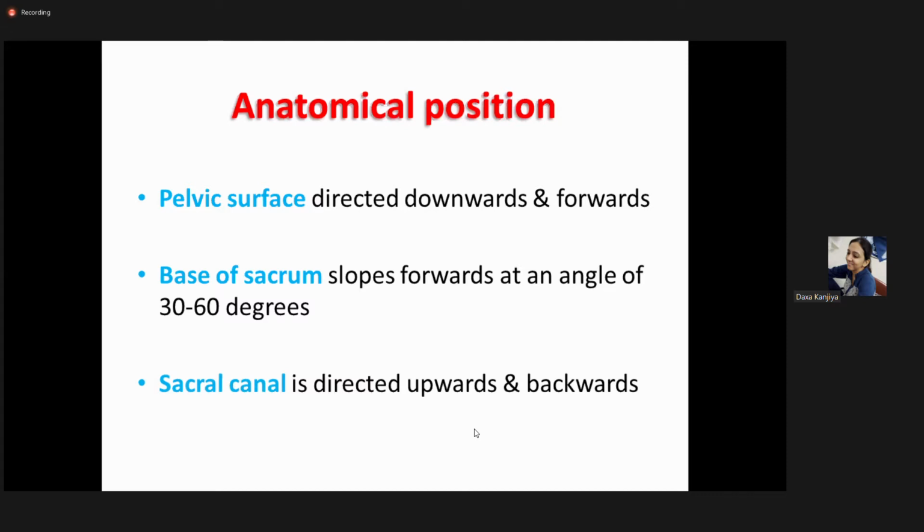You keep the sacral canal upward and backward. Keep the pelvic surface downward and forward so that the base forms the angle of 30 to 60 degree with the horizontal plane. So whenever you pick up the sacral bone in Viva, you have to keep these 3 points for its anatomical position.